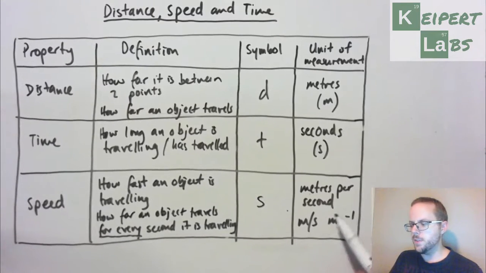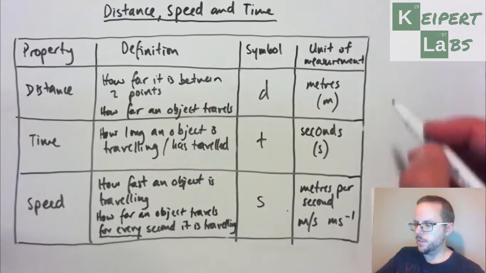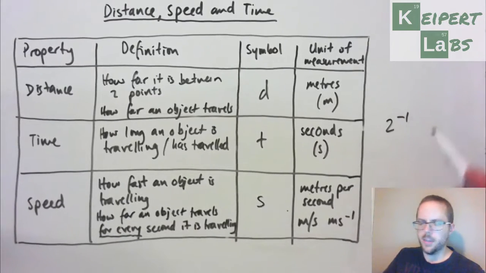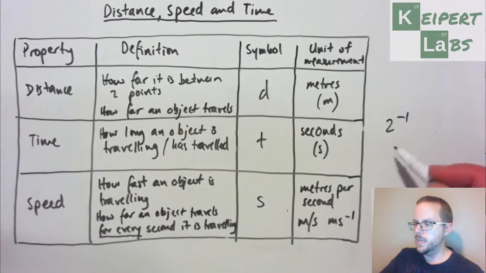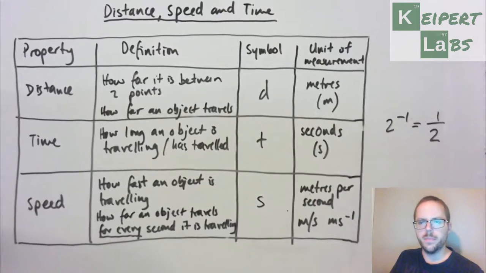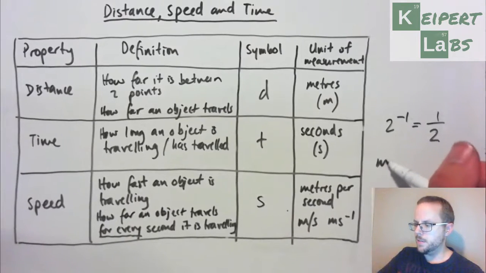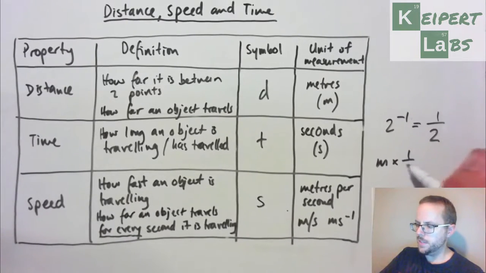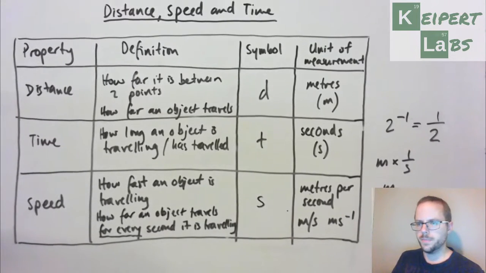Mathematically it's exactly the same as this. If I just use a little bit of space over here. You may or may not have gotten to this concept in maths yet, but this idea that anything to the power of -1 is the same as 1 over that thing. So, m times s to the -1 is the same as meters times 1 over seconds, which is the same as meters over seconds.